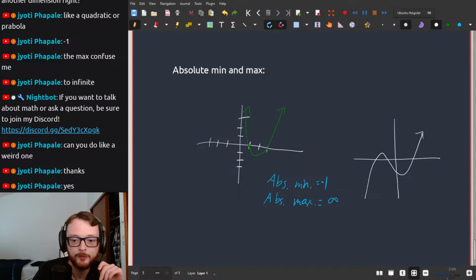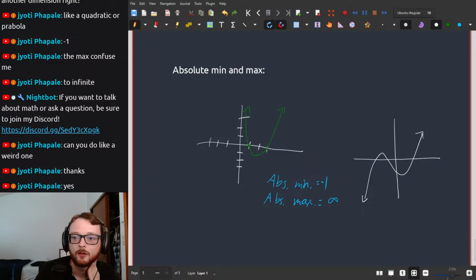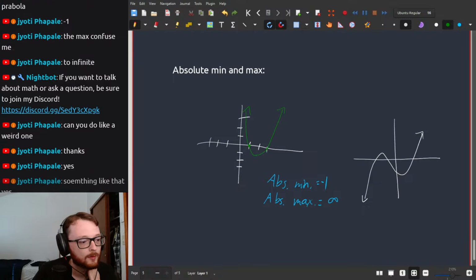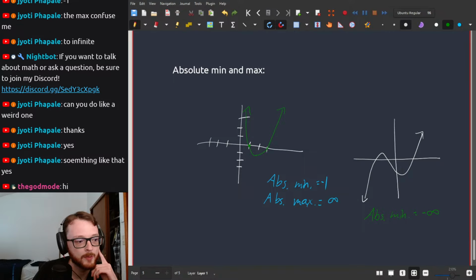This is like some cubic function here. So here, over here I see there's an arrow pointing downwards. So we're just going off to negative infinity for our minimum.